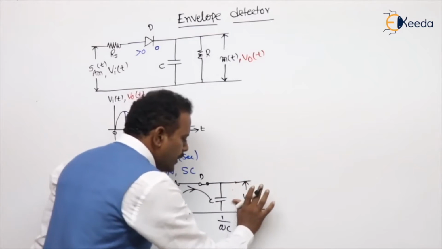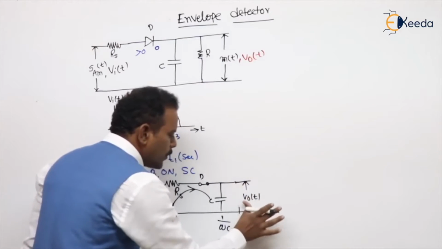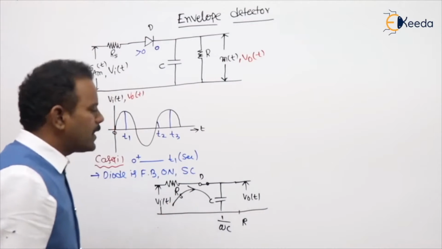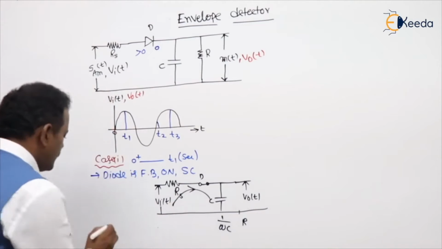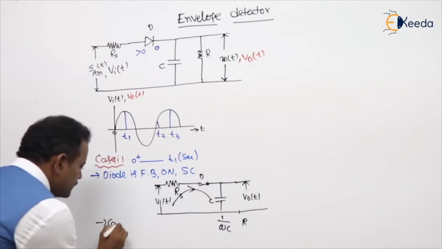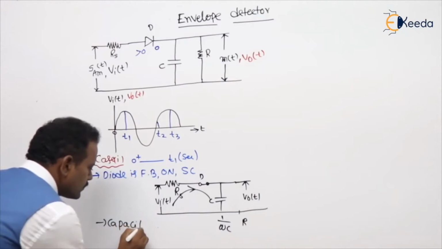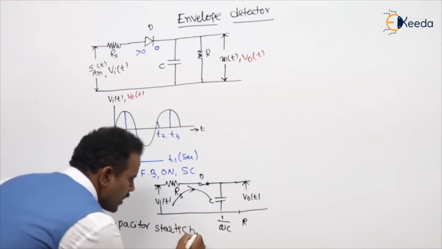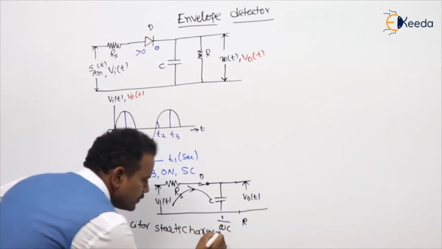Current is not flowing through R, so it is an open circuit. Current is flowing through the capacitor, so the capacitor starts charging.